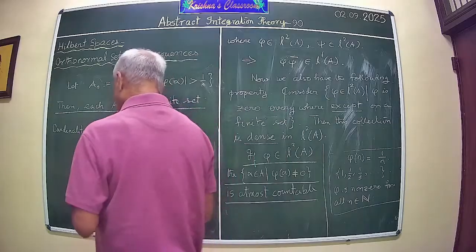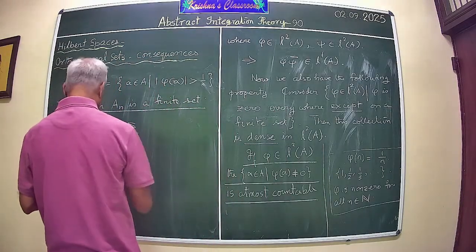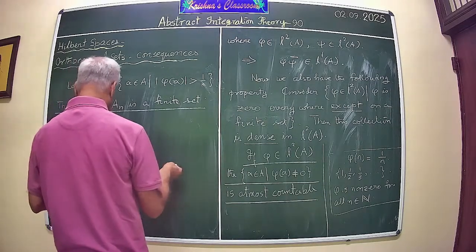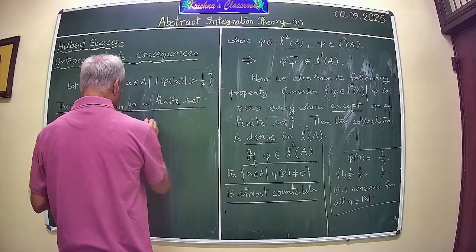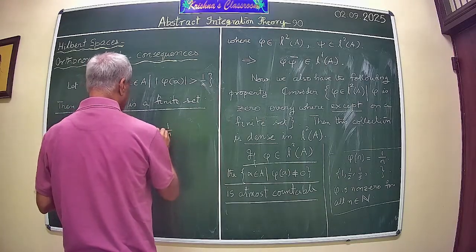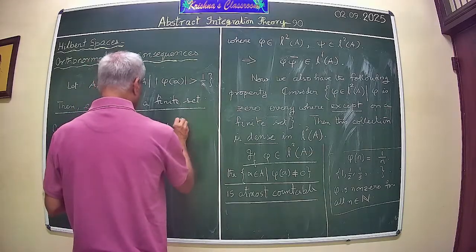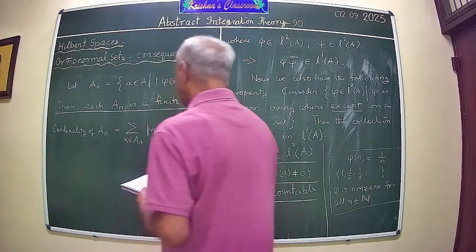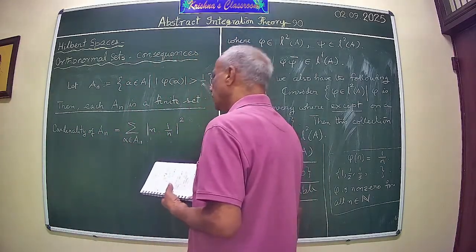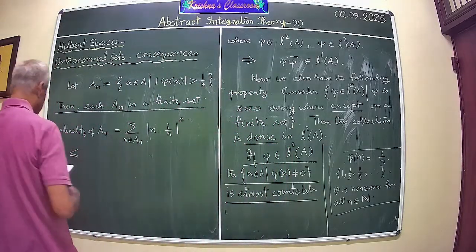This is equal to the summation over alpha belonging to A_n of (n times 1/n) whole squared, which is 1. So 1 counted as many times as you have elements in A_n. Now this we can write as follows.